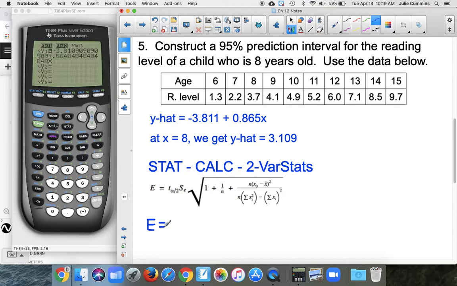And the degrees of freedom is n minus 2. So when I did that, I got 2.306. Remember, that table is in the back of your book, or it's on that yellow formula sheet that you have. SE, we calculated that in the last video. That was 0.4174.